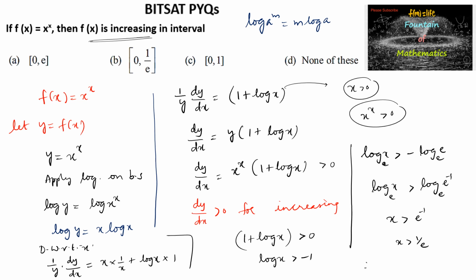So for the function to be increasing, x must belong to 1 upon e to infinity. So option D. So option D is the answer.